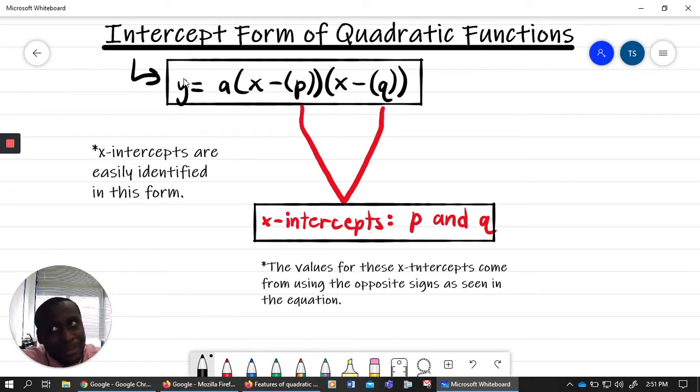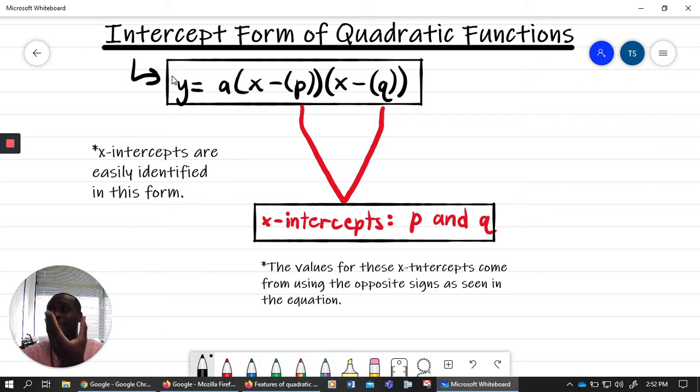So it's not much of a stretch to say that a helps determine whether your parabola is a U shape that opens upward, meaning it has a relative minimum, a point at the bottom of the parabola, or whether a is negative, which means the parabola opens down.